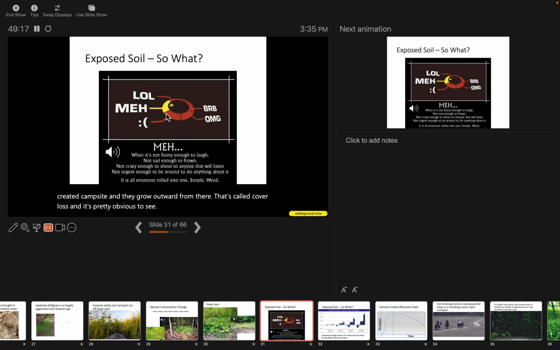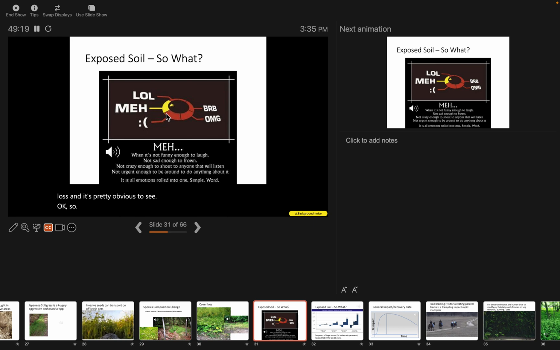Okay, so exposed soil, this is extirpation. It's going to be a long time before that soil, after it's exposed, because all the plants are extirpated, they're gone, they're trampled to death, and not even the non-native invasive species can hang on. That soil is rapidly going to get truncated.